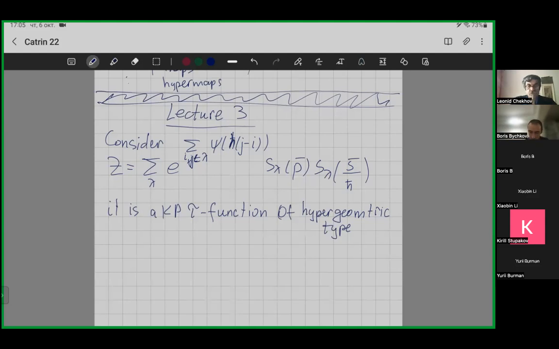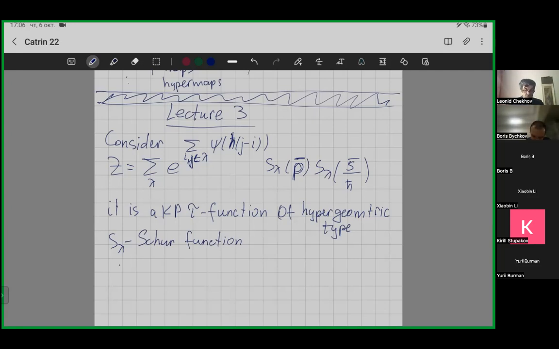And what's written here? This s lambda is just Schur functions of variables p. So here I mean that we have p1, p2, etc., and s1, s2, etc. And these Schur functions are symmetric in variables x, and these variables x are connected to the p variables as power sums.